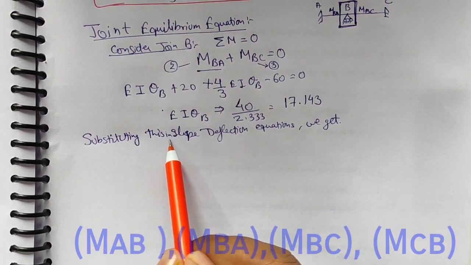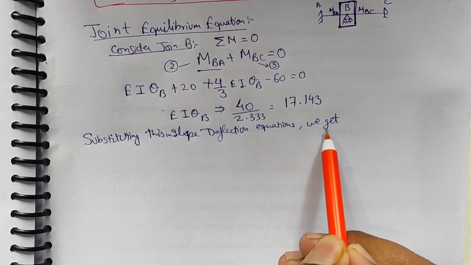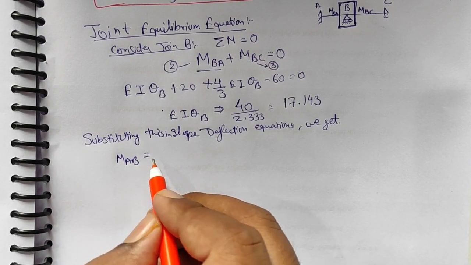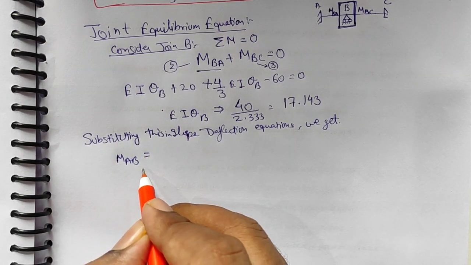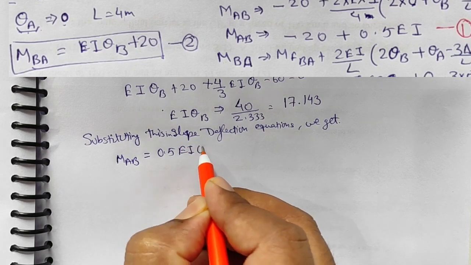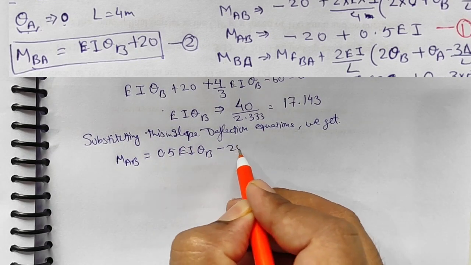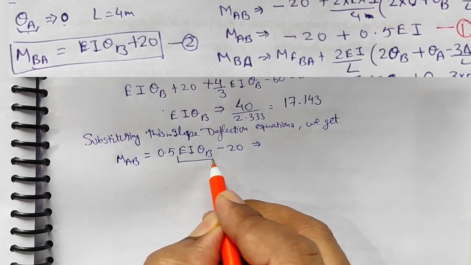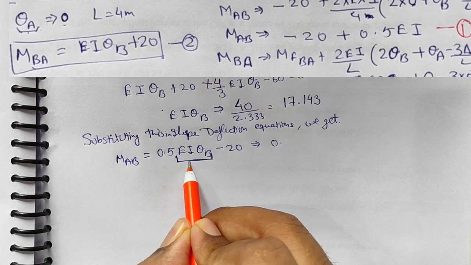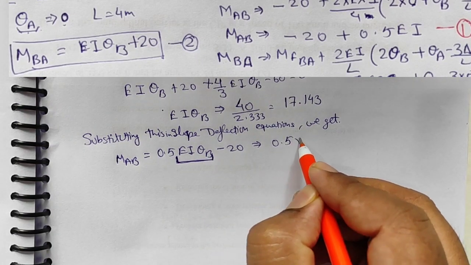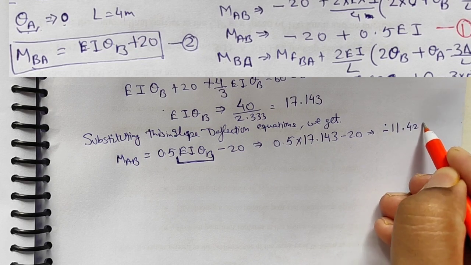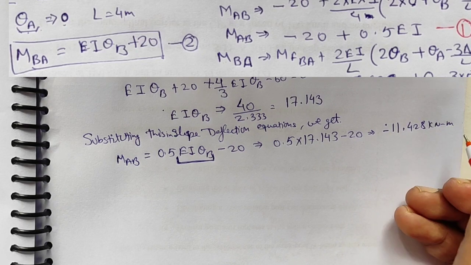Now substituting this value in the slope deflection equations, we get MAB. We know that the value of MAB is 0.5 EI theta B minus 20. So here I will substitute the value of EI theta B and I will get the value as negative 11.428 kilonewton meter.